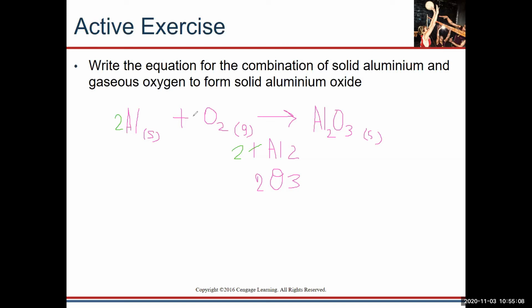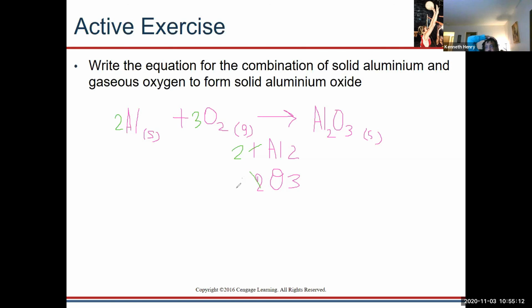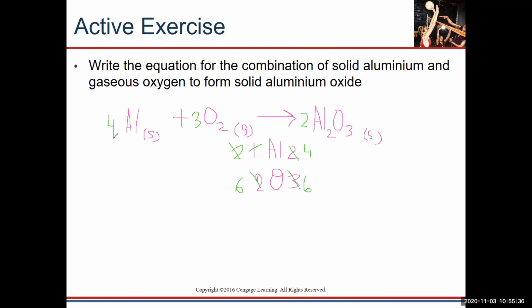Put a 3 so you can make a 6. Okay, so that gives me 6 over here. So what do I need to put in front of here to make it 6 over here too? 2. Okay, so that gives me 6, and that gives me 4 aluminum. So what do I need to do to fix this? Change it to a 4. Piece of cake? Yes. Okay. Good.